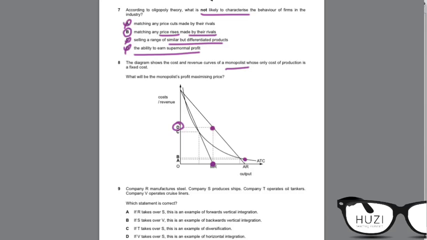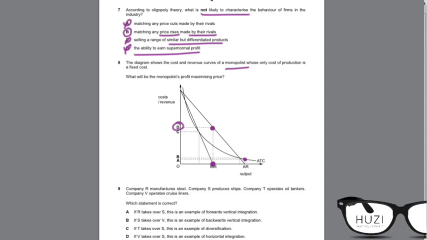There's no MC because the only cost is fixed cost. The other points A, B, C don't really mean anything except for D, where MR equals 0, and we know that MR equals 0 where total revenue is maximum. So I'm bluffing it. Let's see.